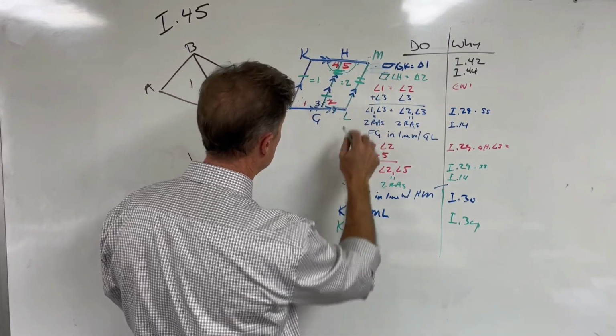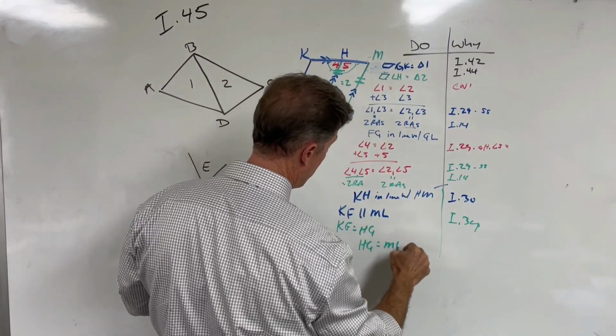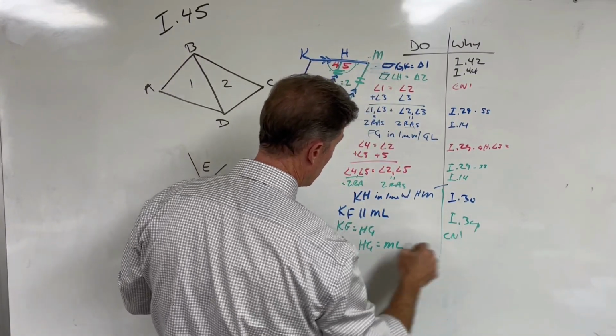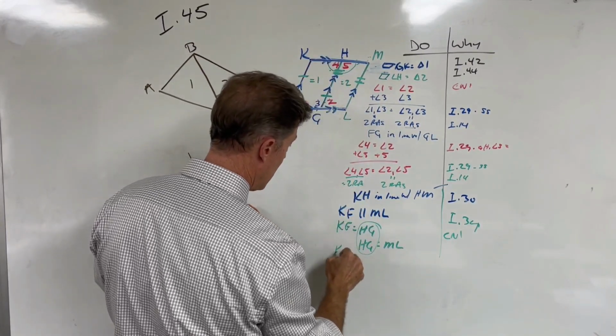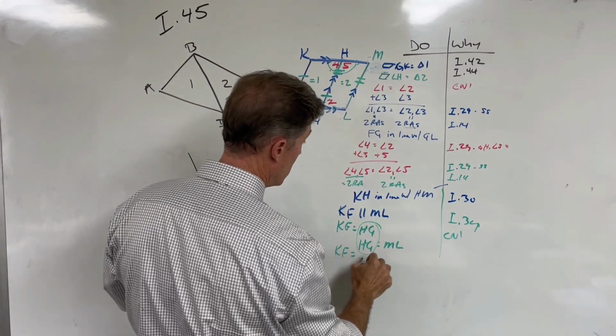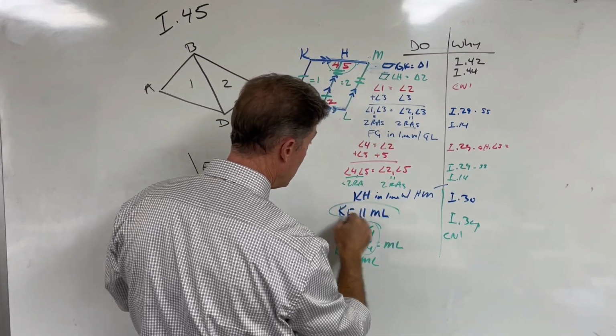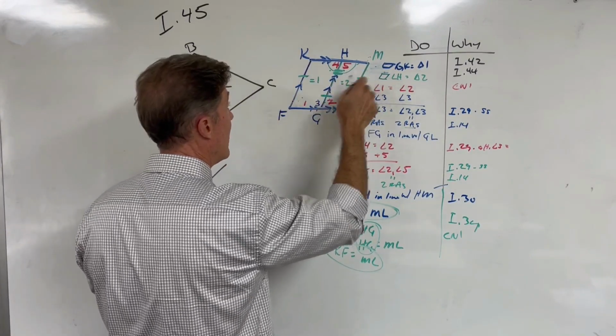So we know that HG is equal to ML. And two things equal to the same thing are equal to each other. Therefore, this side, KF, is therefore also equal to ML. So it's parallel to ML and it's equal to ML. So these lines are parallel and equal.